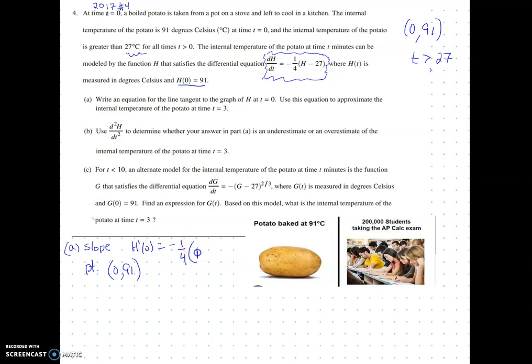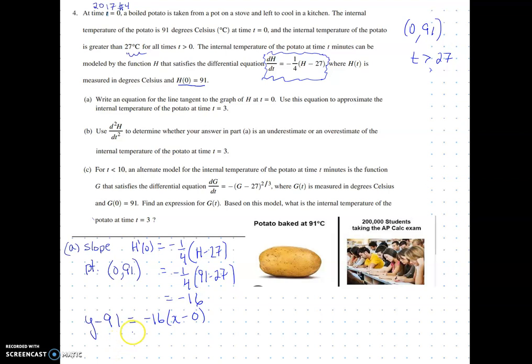And our h, when t is equal to 0, is 91. So the slope of this line is -16. So our equation for our line is y minus 91 equals -16 times (x minus 0).